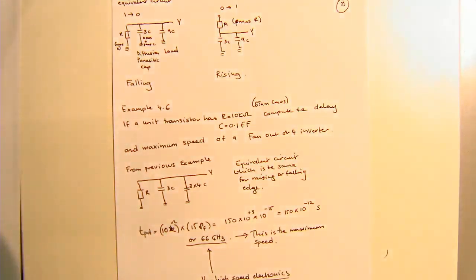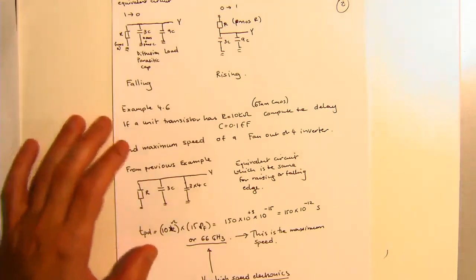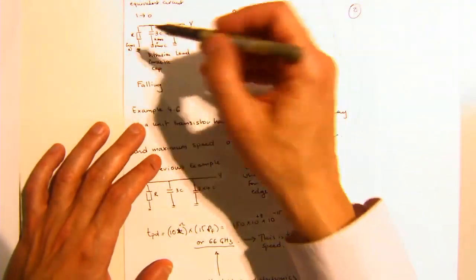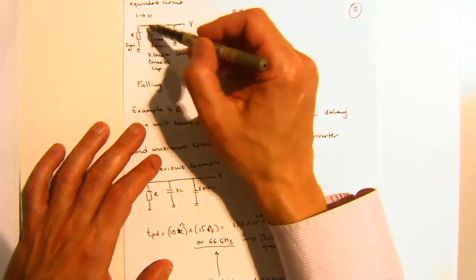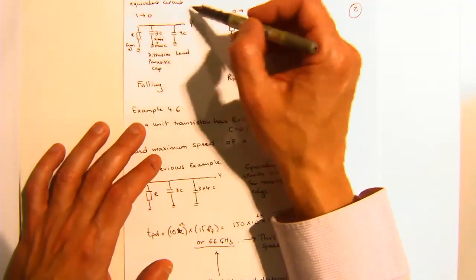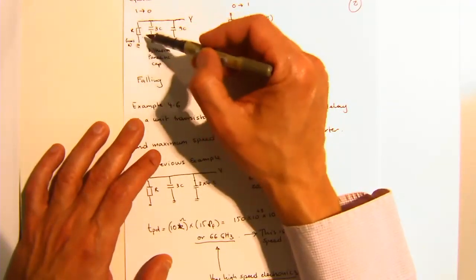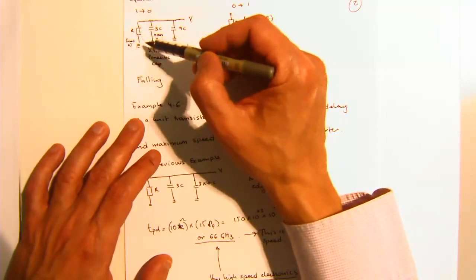So, what am I trying to emphasize here? The thing that I'm trying to emphasize for you all is that this R, when I'm looking at a 1 to 0 transition, is the resistance of the NMOS device, because that's what's actually on.